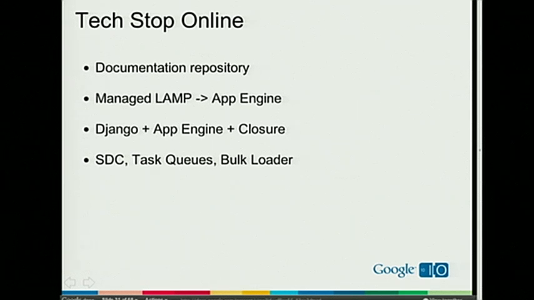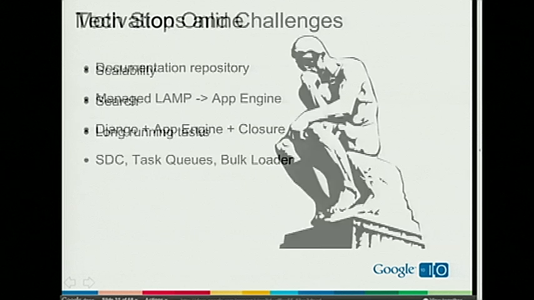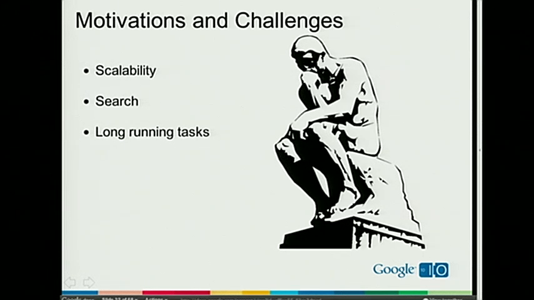Like AppReduce, we deployed using the Django framework on App Engine and the Google Closure JavaScript library. We make use of a lot of the same technologies: secure data connector, task queue, bulk loader. So I mentioned that we had some motivations for moving on to App Engine.